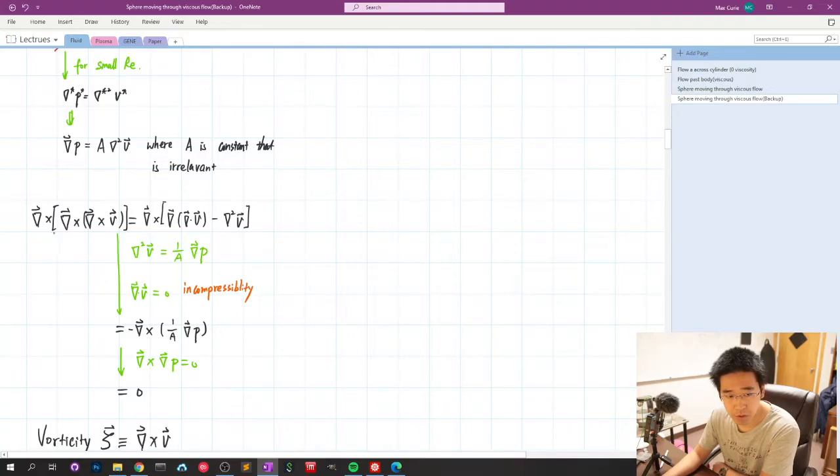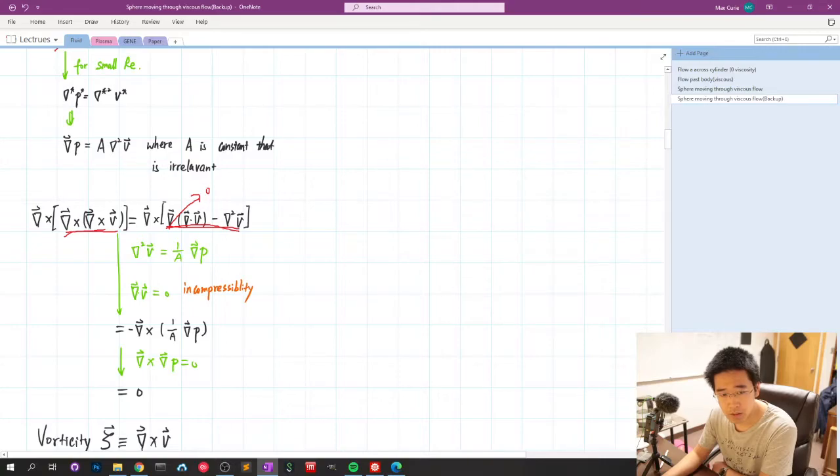So we will take the curl of V, and we know that this has a vector identity as such. We're dealing with an incompressible fluid, so this goes to 0 because of incompressibility.